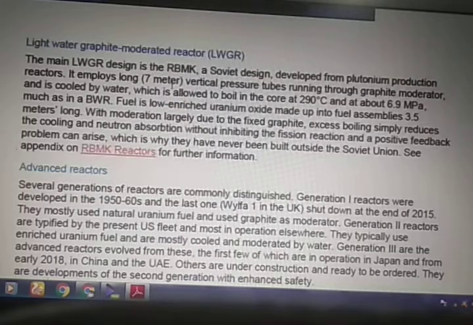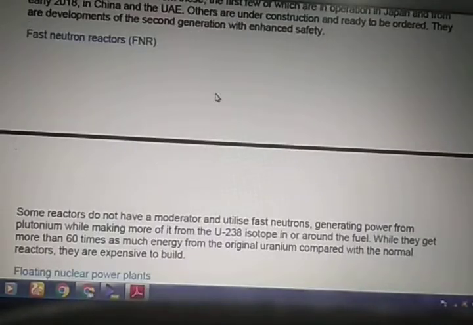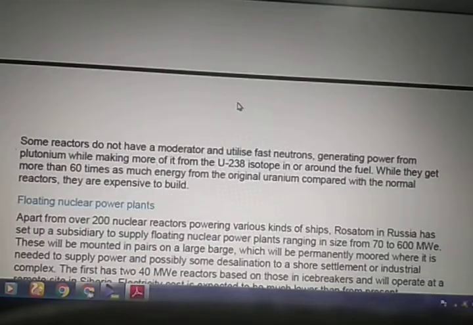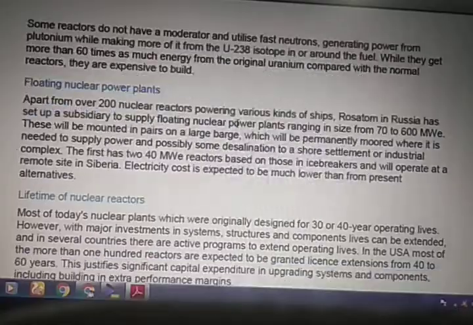Several advanced reactors belong to the advanced reactor category. Some other fast neutron reactors are also available. Floating nuclear power plants are there.